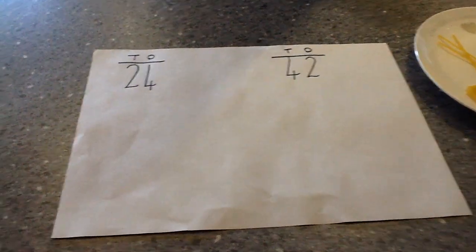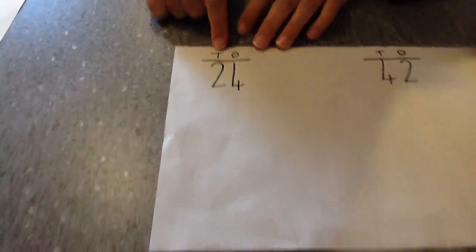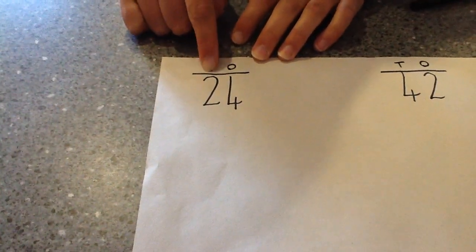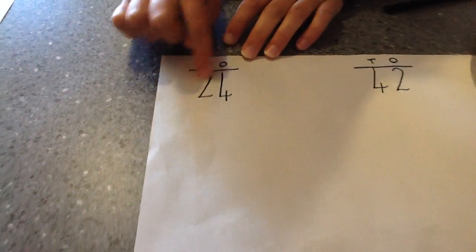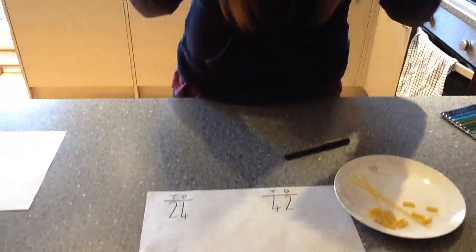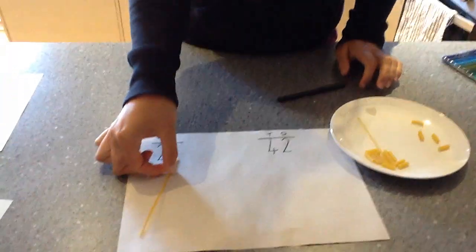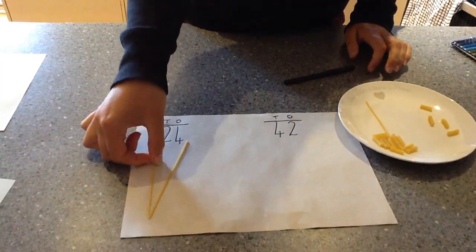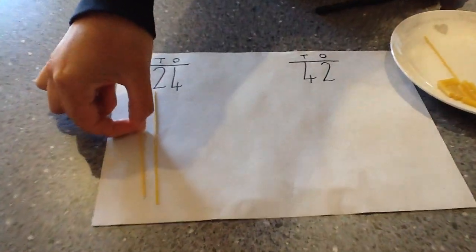So if I start again, I'm going to have another go at this one. So it's got the 10s number, and the 10s number is represented with a 2. So that means it's 2 lots of 10. So 2 lots of 10, let's count in 10s, 10, 20. So I need 2 lots of spaghetti to show my 2 10s.